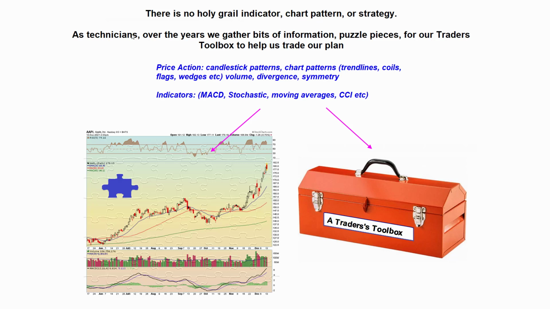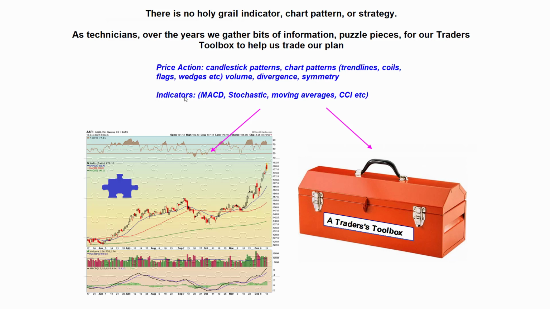As technicians, over the years, we gather bits of information, puzzle pieces, for example, like I show here, various puzzle pieces on the chart, for our trader's toolbox to help us trade our plan, you know. There's price action, which to me is the most important. That's candlesticks, patterns, chart patterns like trend lines, coils, flags, wedges, volume, and of course, symmetry, which is what we're going to focus on here.